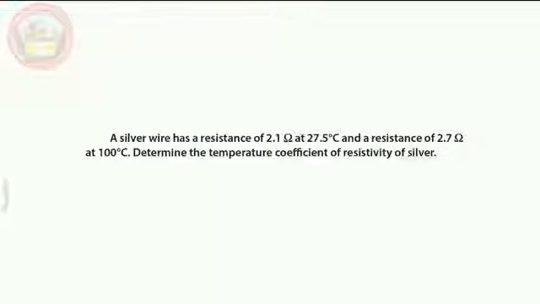A silver wire has a resistance of 2.1 ohm at 27.5 degrees centigrade and a resistance of 2.7 ohm at 100 degrees centigrade. Determine the temperature coefficient of resistivity of silver.